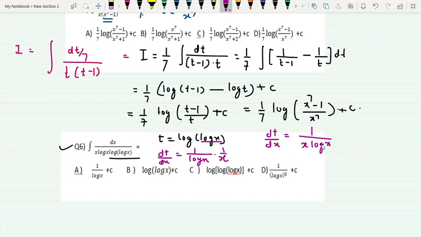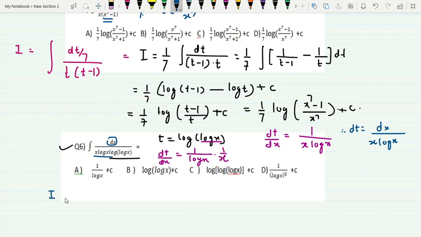So therefore dt is equal to dx upon x log x. Yes, so dx upon x log x is equal to dt.